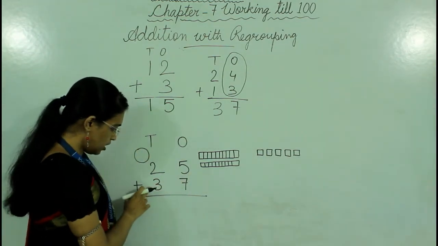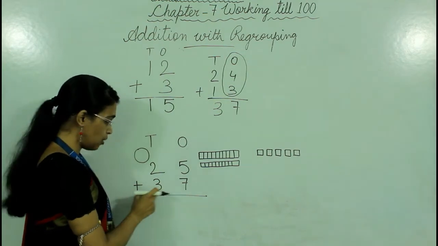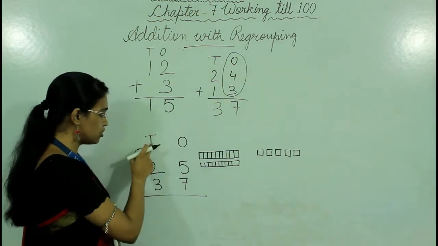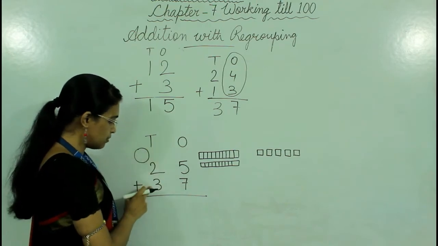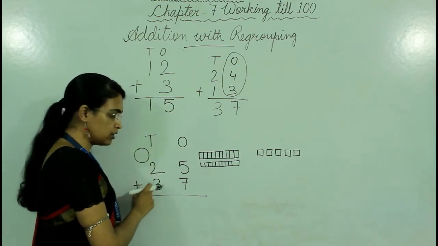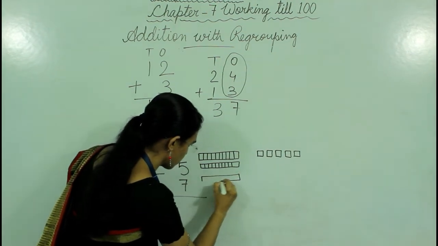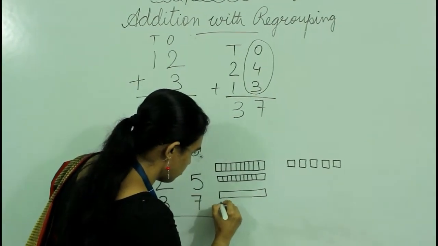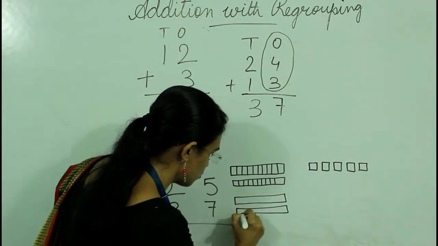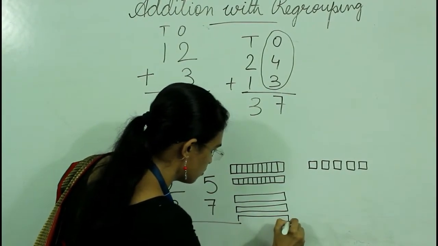Now next, the last number. How many digits? 2 digits. So 3 is in which place? Tens place. So we have to draw 3 groups of 10 like this. 1, 2, 3.